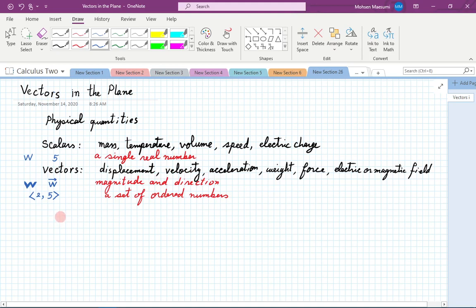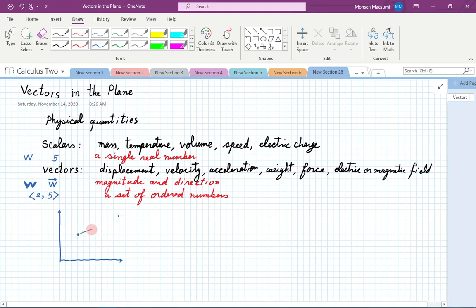So the same set of ideas show up in geometry as well. So we start with our standard coordinate plane, and to describe displacement we have a starting point or an initial point and a terminal point.